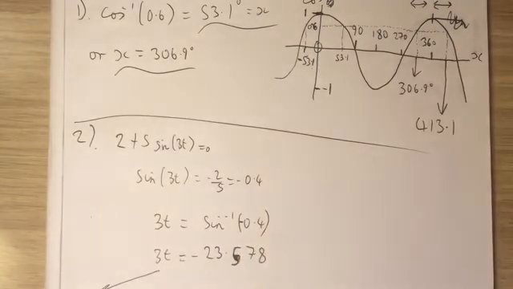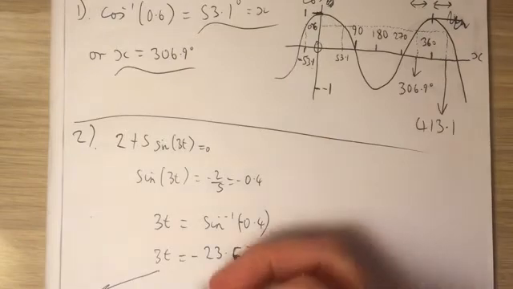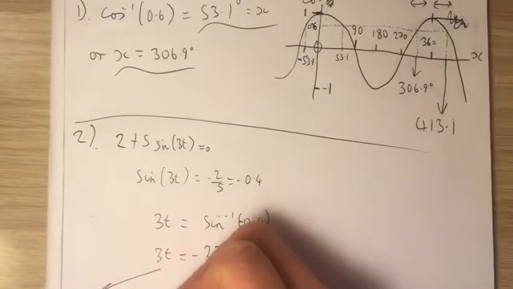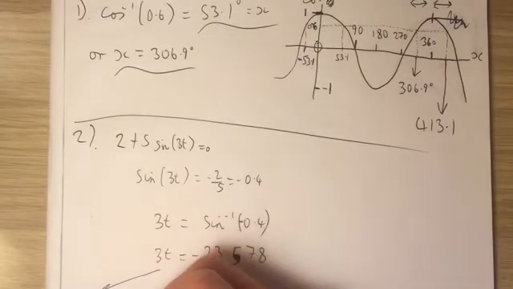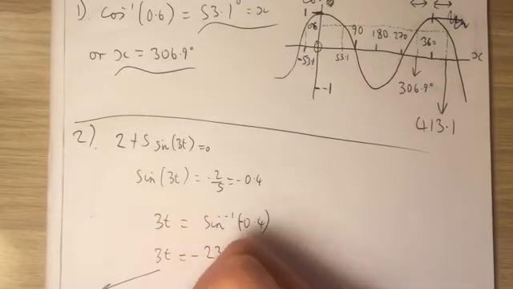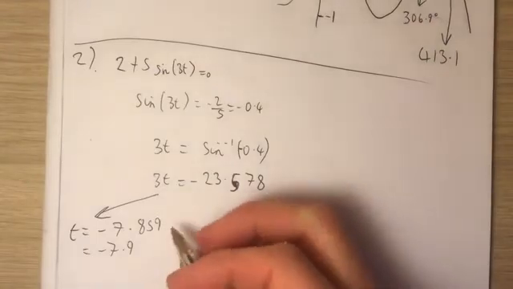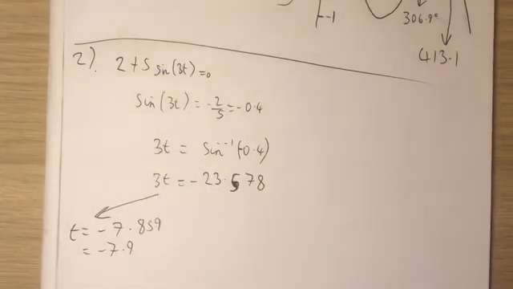So when I divide that answer by 3, I get t equals negative 7.859, and so on. I might just round it at the end if I feel like it, negative 7.9. Okay, there we go. So I've just divided that by 3 there.